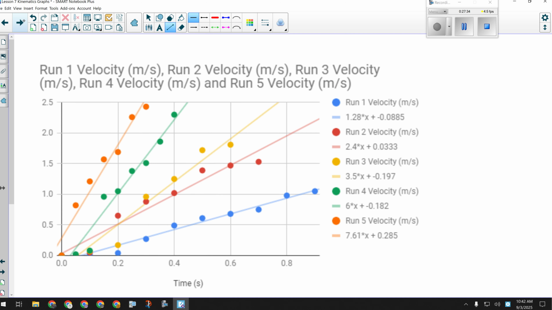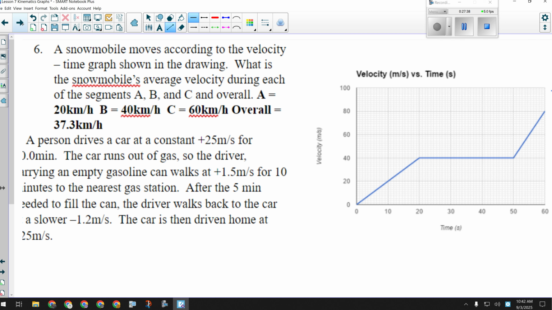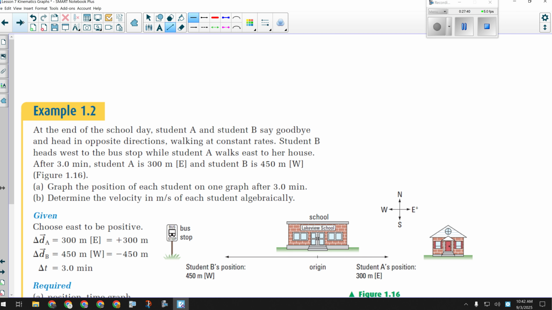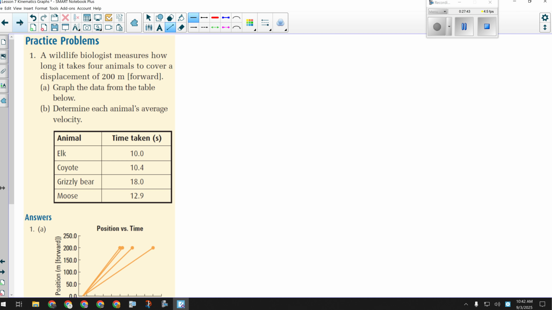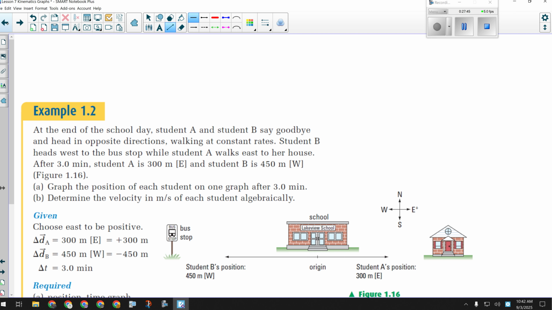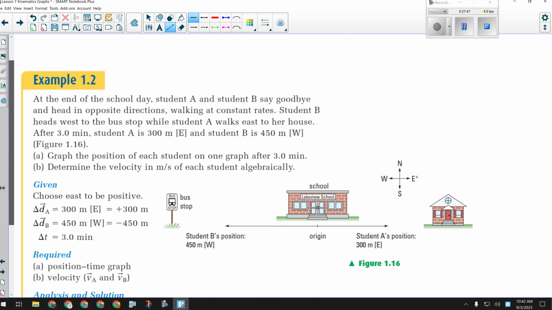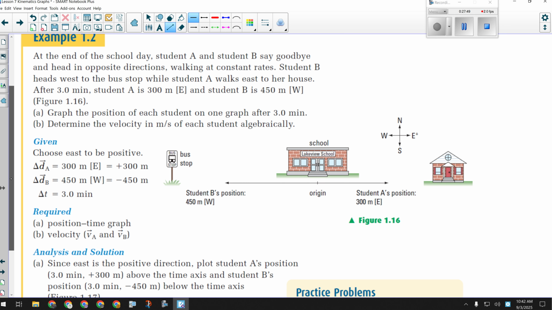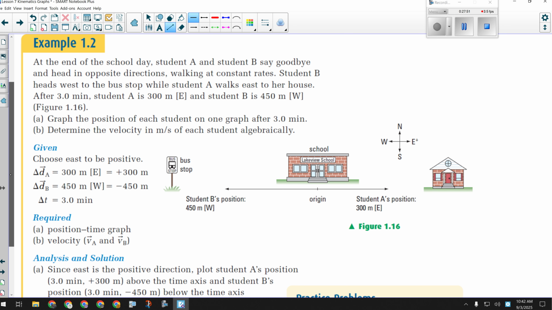All right, so let's look at, okay, I want you guys to write this one down. I don't want you to actually graph it. I just want you to solve this as a V equals D over T problem.